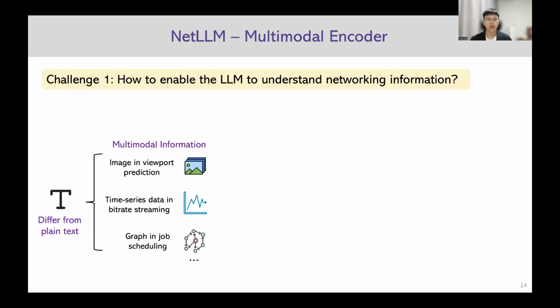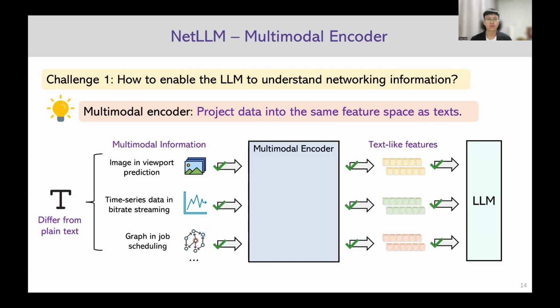And to address this challenge, we designed the multimodal encoder. Our key idea is to project the multimodal data into the same feature space as text, so that the LLM can understand the multimodal networking information. And inside this module, we first use the existing feature encoder to extract features from the raw input data, such as vision transformer for image and graph neural network for graph.